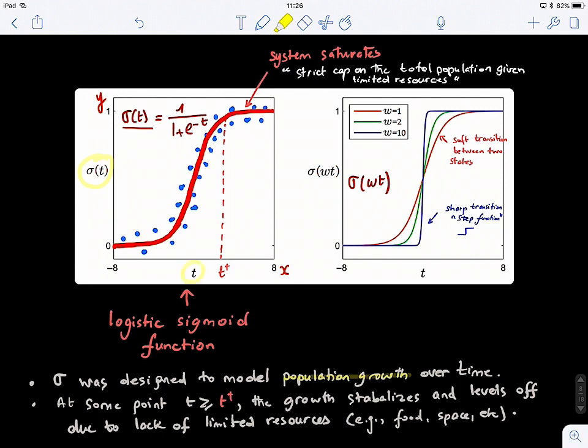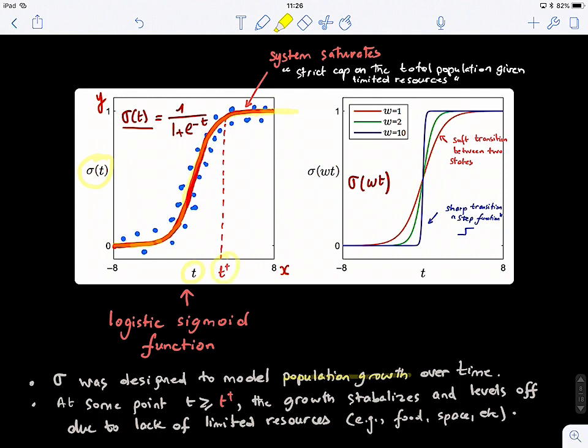So depending on the time, we will see that a specific population will have a small number in the beginning, and then a big increase, and then it kind of levels off, or the system gets saturated when it reaches a specific time point, t cross.